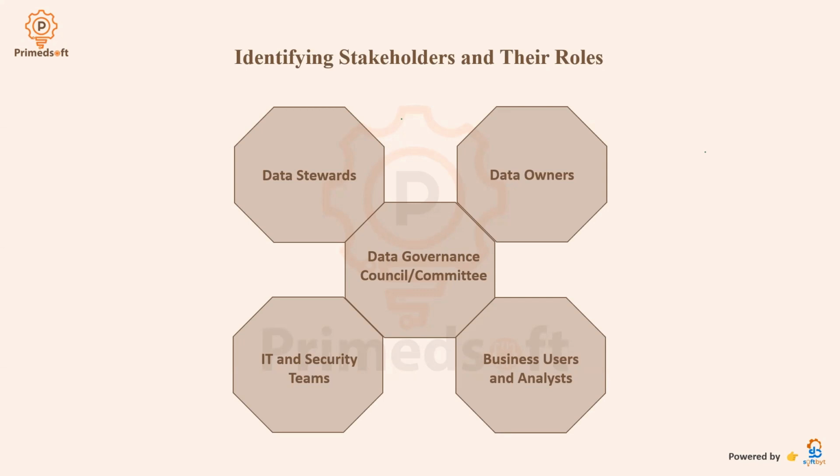So the next we have is the Data Governance Council and Committee. All right, I know you're thinking this is so serious. This is really a huge government organization. This group of people oversees and governs the overall data governance framework, making strategic decisions and resolving conflicts.